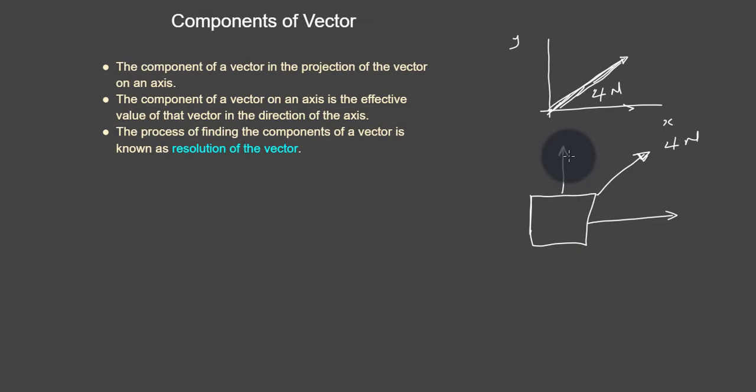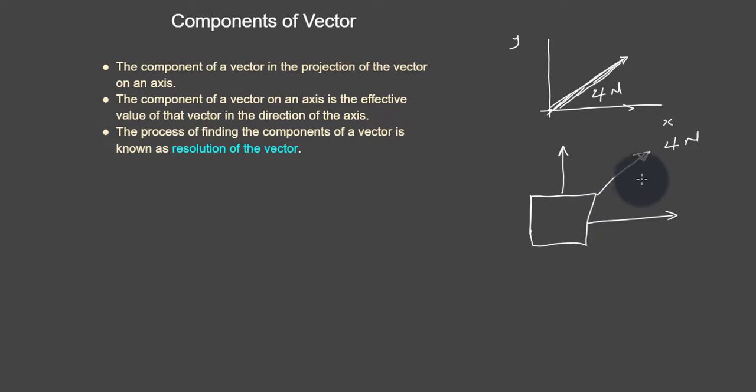Now, what that means is this force you're applying is trying to do two things. It's trying to drag this block horizontally, and it's also trying to pull this block upward, right? So if I ask you, what is the horizontal component?